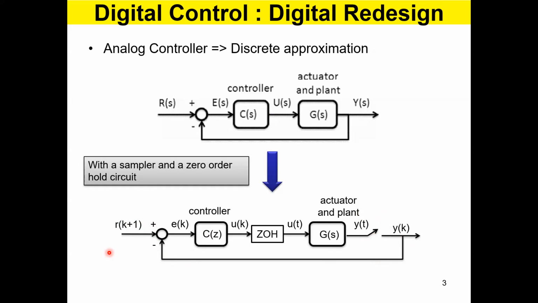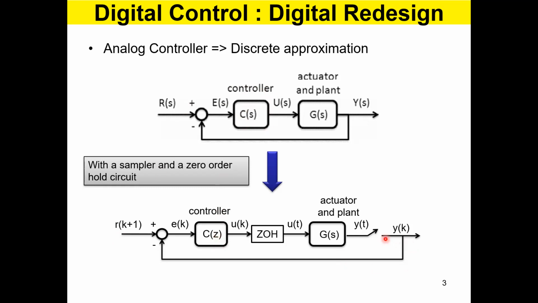So this is how rational this whole process is. These are not arbitrary things. Very well thought out, very well designed process. Okay. So again, we take the continuous time controller and approximate it with a discrete version of it.